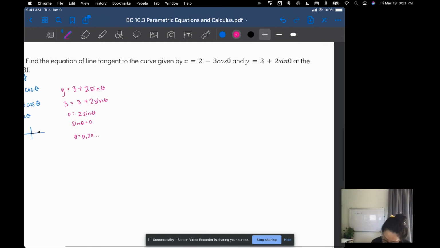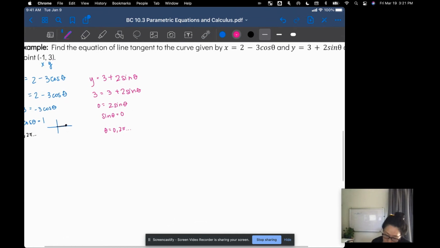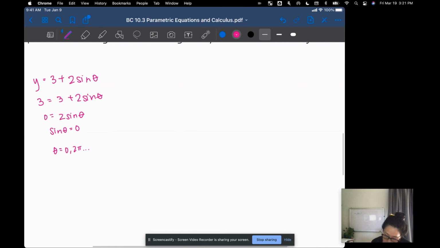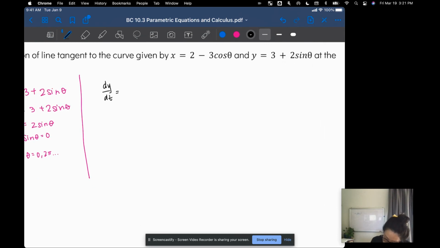Okay. Second, it says we need to find the equation of the tangent line. So I already know the point is on the curve. Now I just need the slope. So dy/dt is equal to the derivative of 3, which is 0, plus the derivative of 2 sine theta, which is 2 cosine theta. dx/dt is equal to 0 minus, and the derivative of cosine theta is negative sine, so that negative is going to turn positive to give me 3 sine theta.